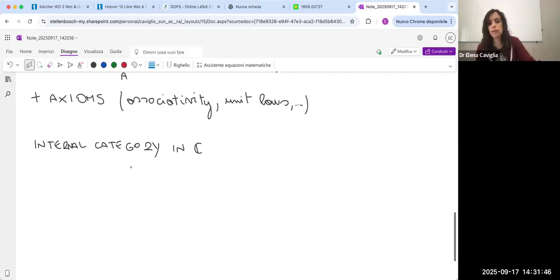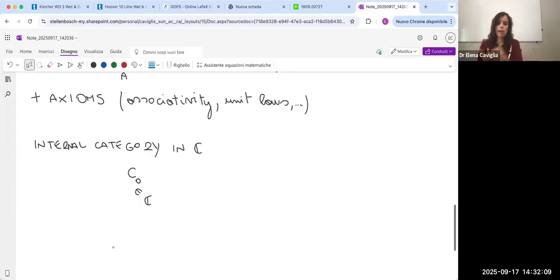We need a set of objects normally, but now this is going to be an object of the category. Let's call it C0. C0 is an object of C, and we think of it as the object of objects in the category.